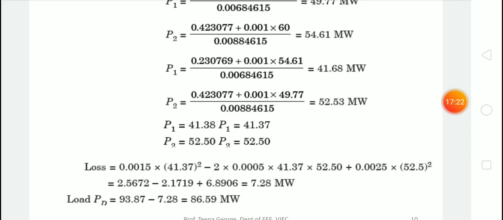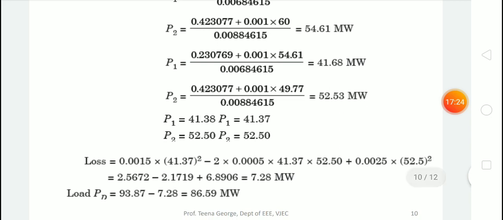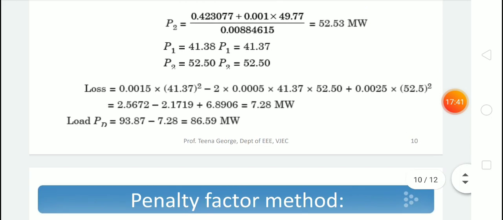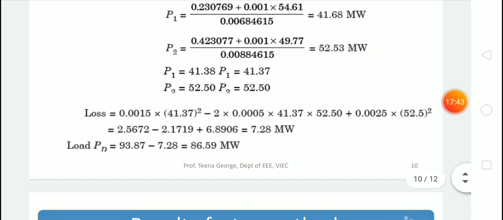By using this value we can find the power loss by substituting P1 and P2. Then load demand can be obtained as total generation. Total generation is P1 plus P2 minus loss, that is 86.59 megawatt. That will be the total load demand.